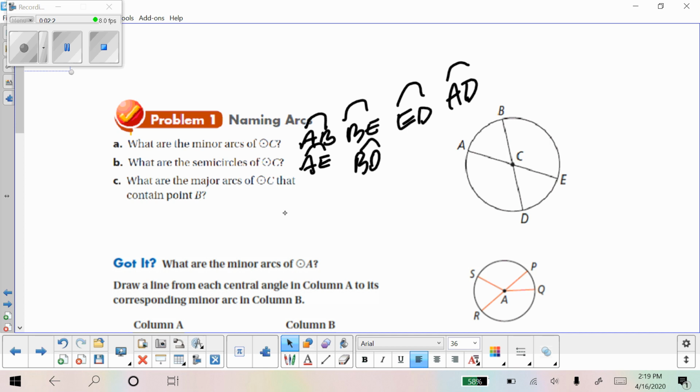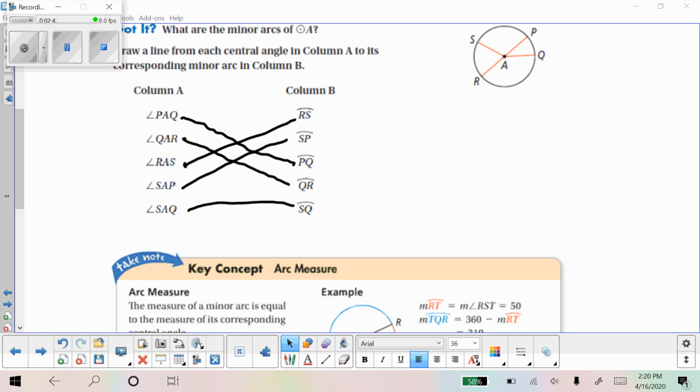And a major arc would be something like AED or EDB, things like that. All right, got it? Why don't you try the next problem? Your work should look like that.